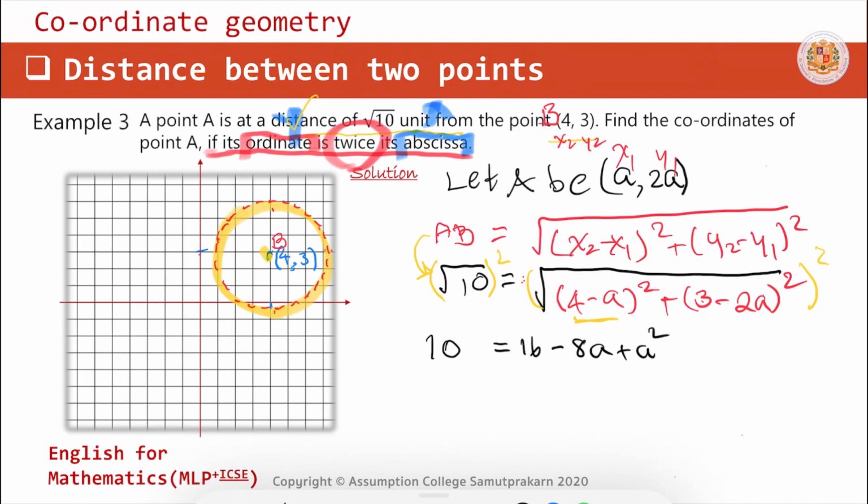and for the other part, plus 9 minus 12a plus 4a square, and it becomes something like, okay, you put a square and 4a square together, it's 5a square.